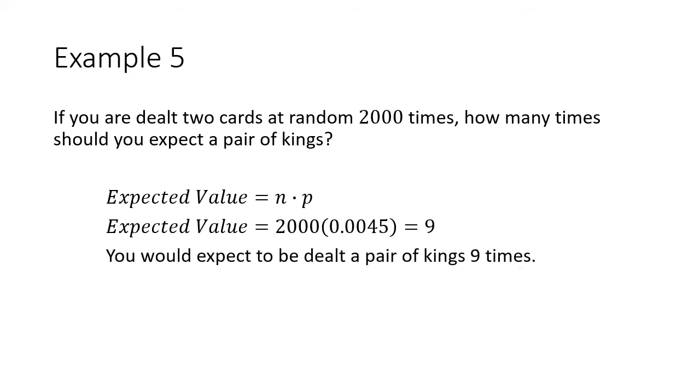So that means you'd expect to be dealt a pair of kings 9 times. So this is kind of how Hold'em poker is played. You're dealt 2 cards. And essentially what this is saying is that if you were dealt 2,000 hands of Hold'em poker, you'd get pocket kings 9 of those 2,000 times.